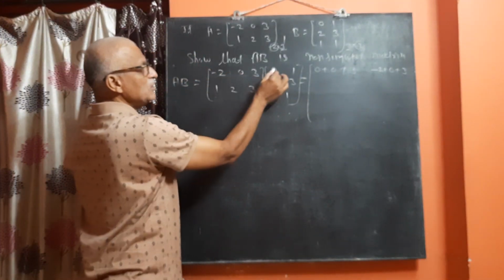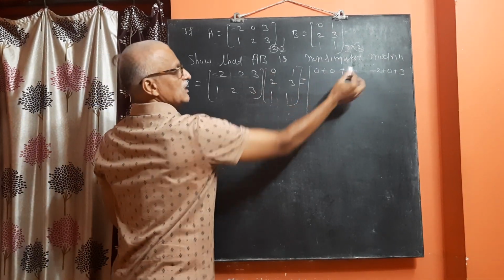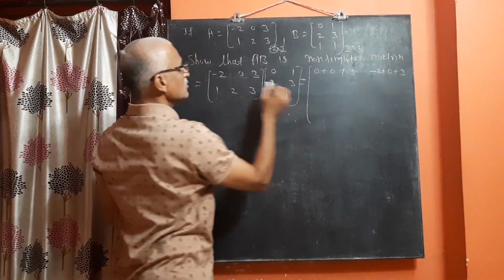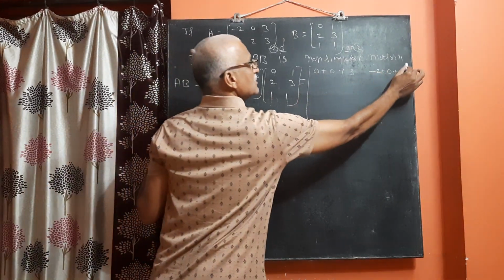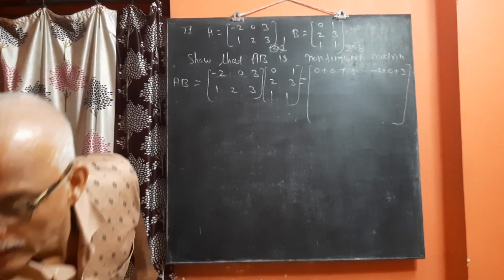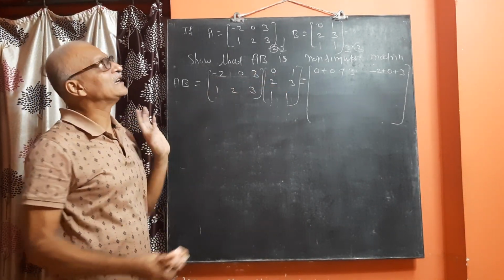Check: -2 into 0, 0; 0 into 2 is 0; 3 into 1 is 3. In the second column, -2 into 1 is -2, 0 into 3 is 0, 3 into 1 is 3. So that is the multiplication of the first row with the first column and second column.